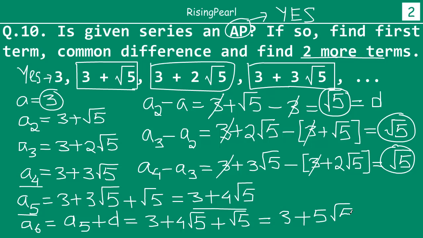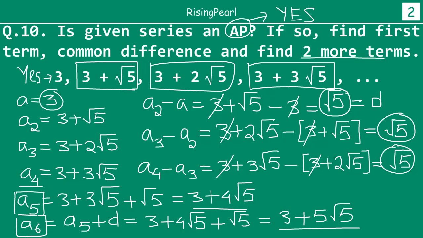So yes, this series is an arithmetic progression, the first term is 3, the common difference is square root 5, the fifth term is 3 plus 4 square root 5, and the sixth term is 3 plus 5 square root 5.